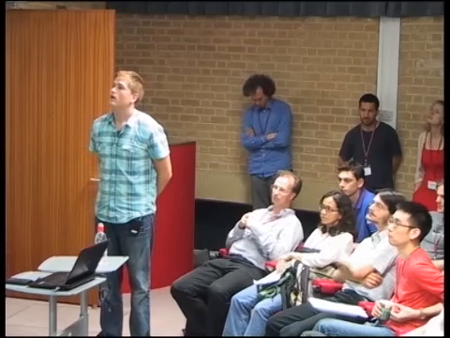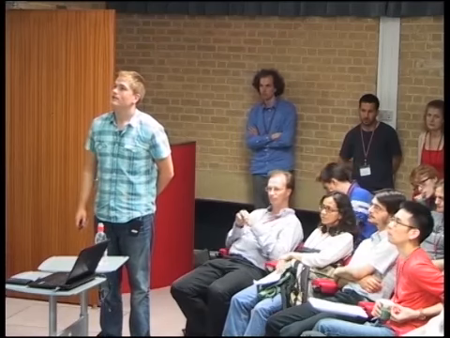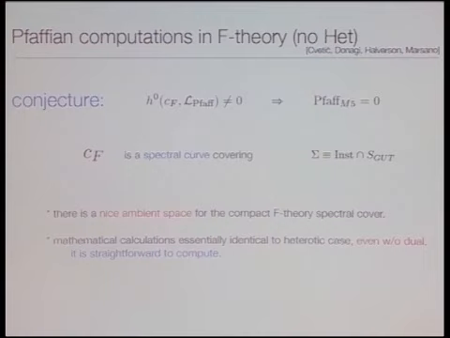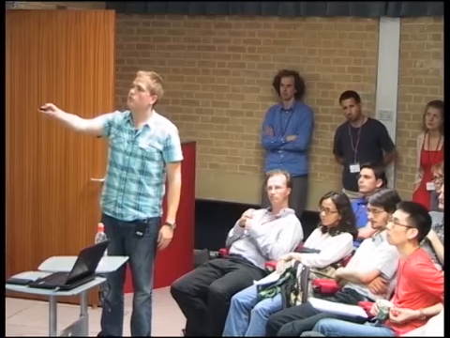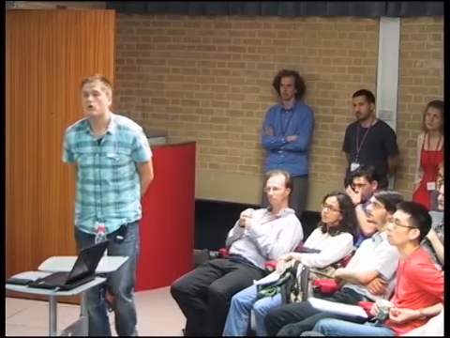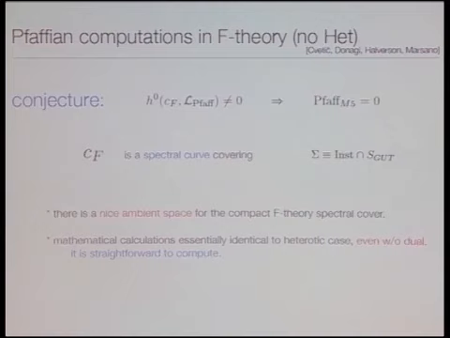So the conjecture is that effectively the spectral curve, when you intersect your spectral divisor with the GUT stack, the spectral curve that you get covering the sigma in the instanton world volume, and it's not the spectral cover, it's a spectral curve because you've intersected with the instanton world volume, that there's a line bundle cohomology that you could compute there, and moreover, it's isomorphic to the heterotic cohomology when a dual exists.